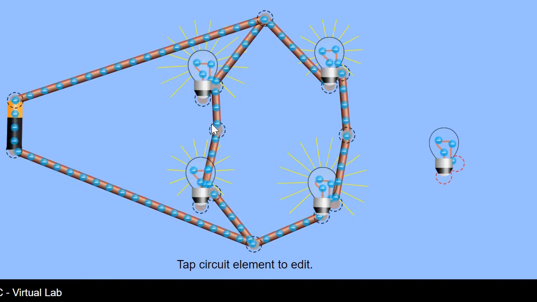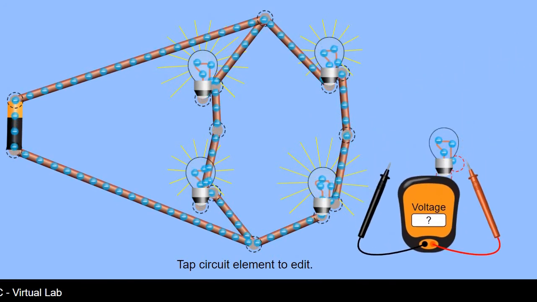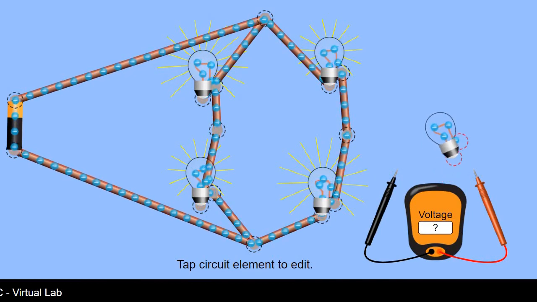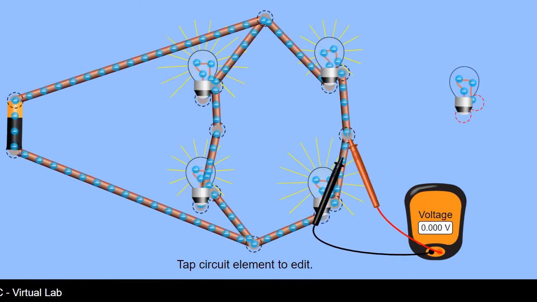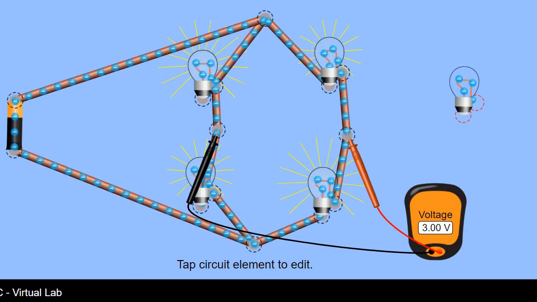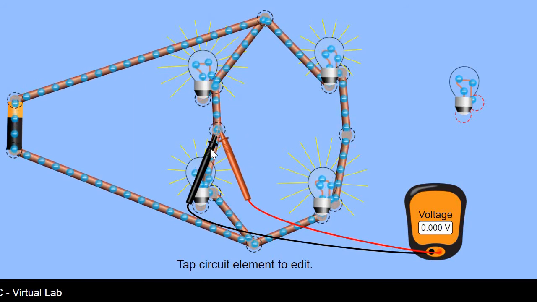Now let us use a voltmeter to measure the potential difference between these 2 points. So this is supposed to be a higher potential, this is supposed to be lower potential. So I'll put the positive terminal here and the negative terminal here. You can see it is showing a positive potential difference of 3 volts. If I were to swap it, it will show minus 3 volts.